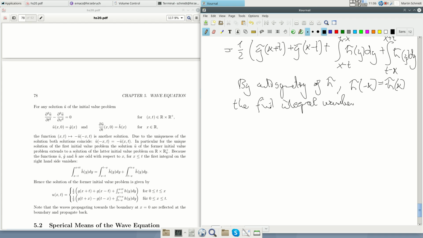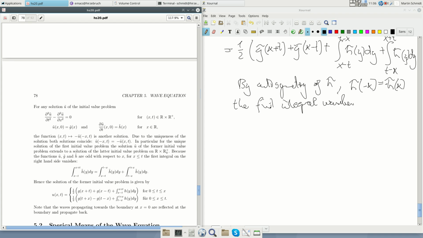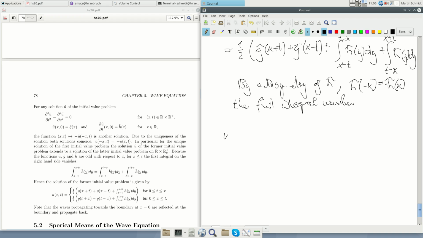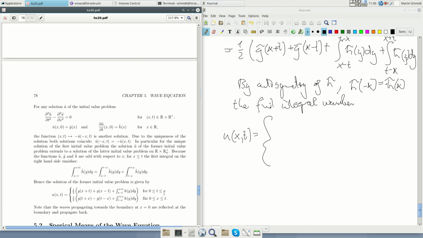Yeah, and now, so what is the solution? What we altogether get is u of x,t equal. Now we distinguish when t is smaller or equal to x.